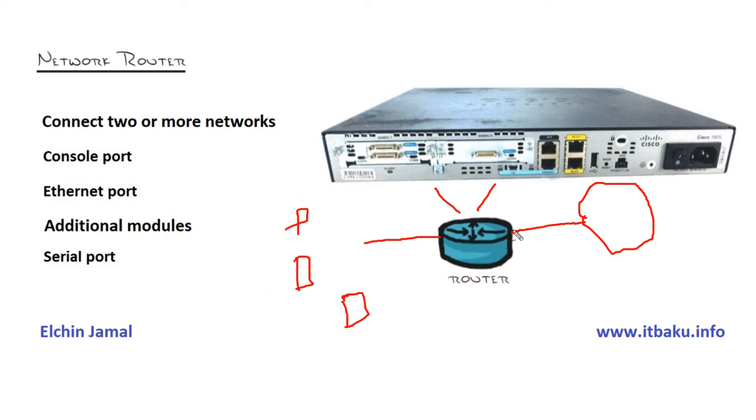The interface connected to the ISP has one network ID, network address, for example 1.1.1.1. Doesn't matter which IP address this is.